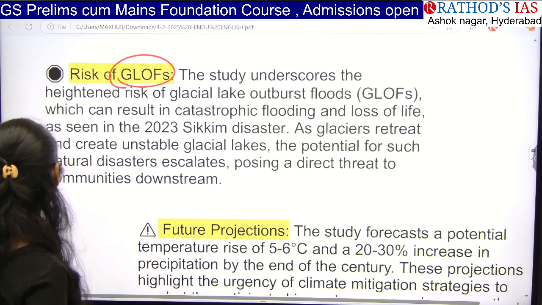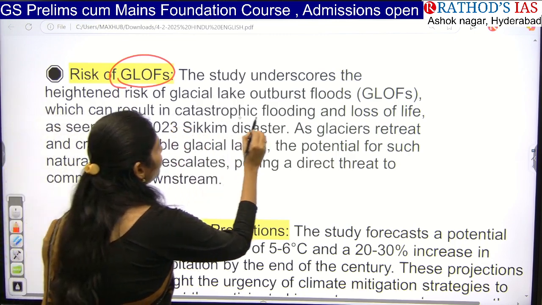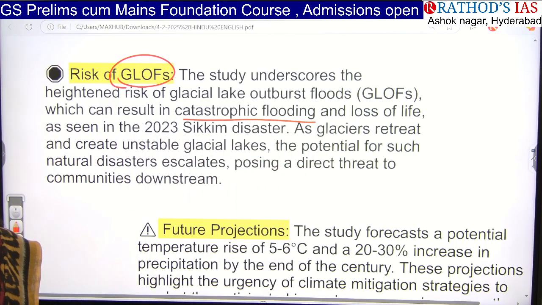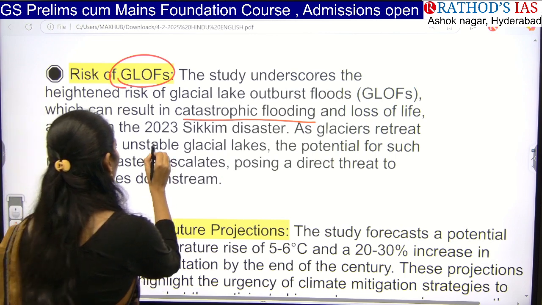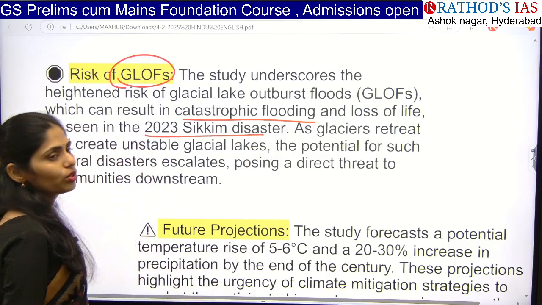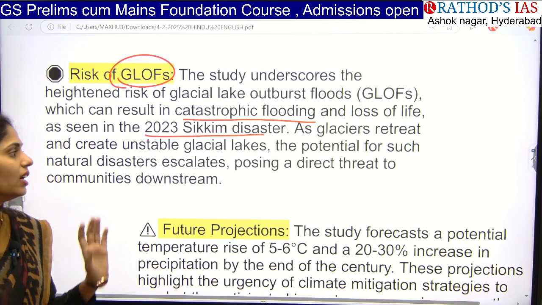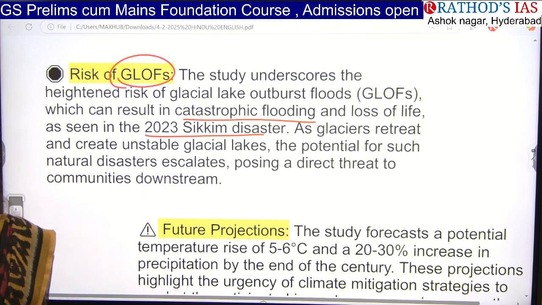That can result in catastrophic flooding, loss of life, and damage to the different dam structures present. In the 2023 Sikkim disaster, what happened? One important dam was destroyed and it created more chaos in this region.